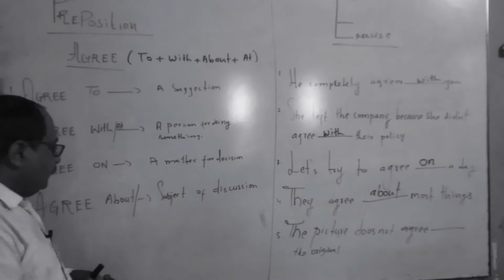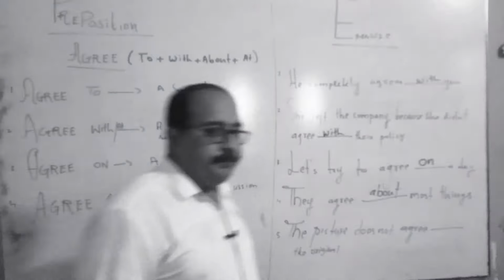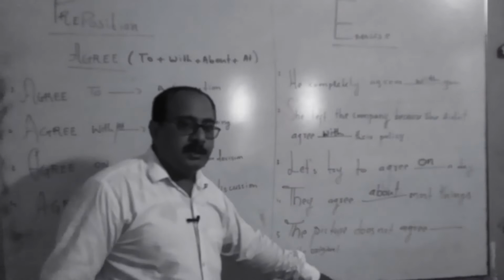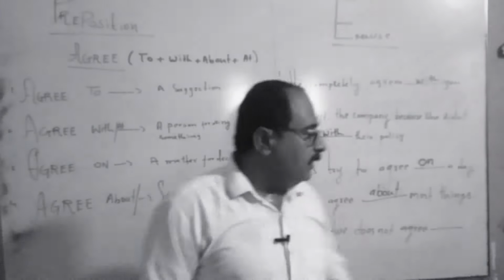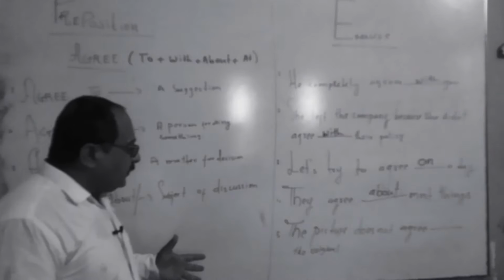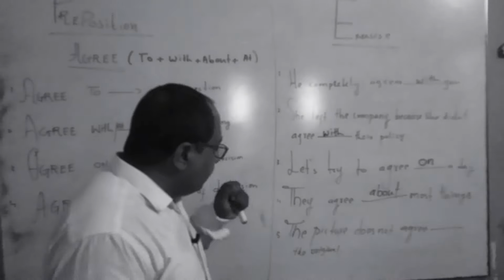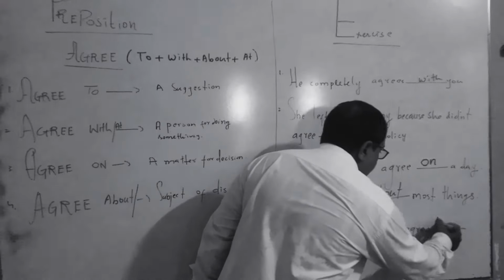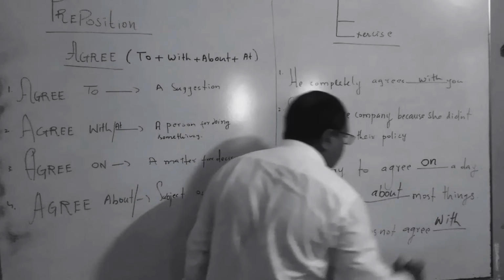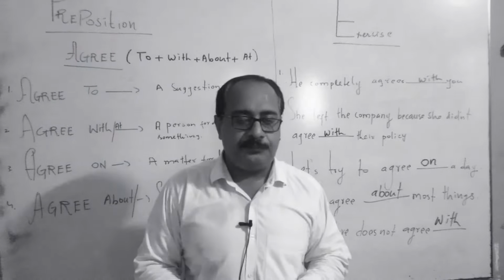Next, number five: the picture does not agree dash the original. The picture could be of a person or of a thing, but here it seems we are talking about a person. So the picture does not agree with the original. With the original will be the appropriate preposition.